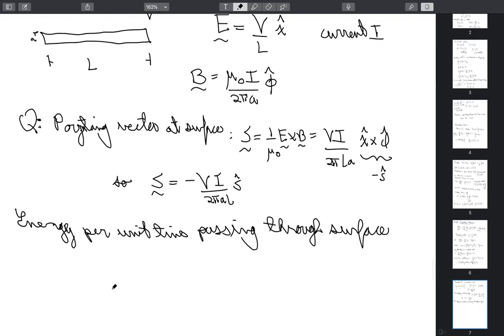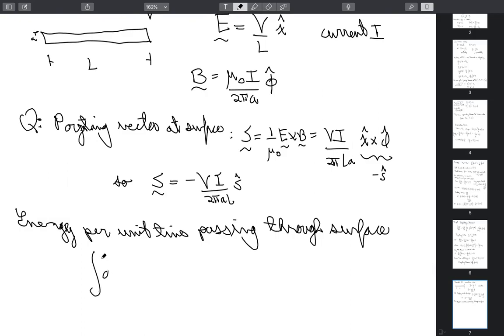So what's that going to be? I will want to integrate over the surface the dot product between my normal surface element and the Poynting vector. And because of the symmetry of the problem, this is just the size of S, so this number here, times the surface that I'm considering, which is 2 pi a times L.